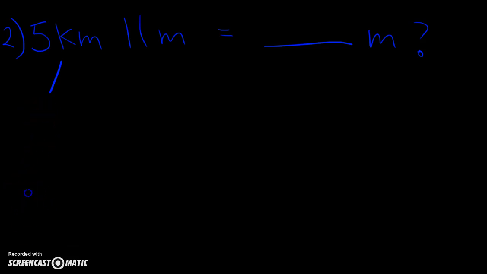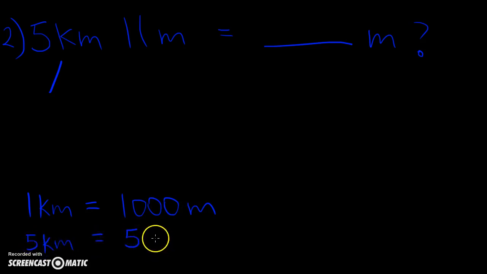We know that 1 kilometer equals 1000 meters. So 5 kilometers gives us 5 times, remember the last time I talked about how one packet gives you 1000? So 5 of these bigger packets gives me how many pieces?